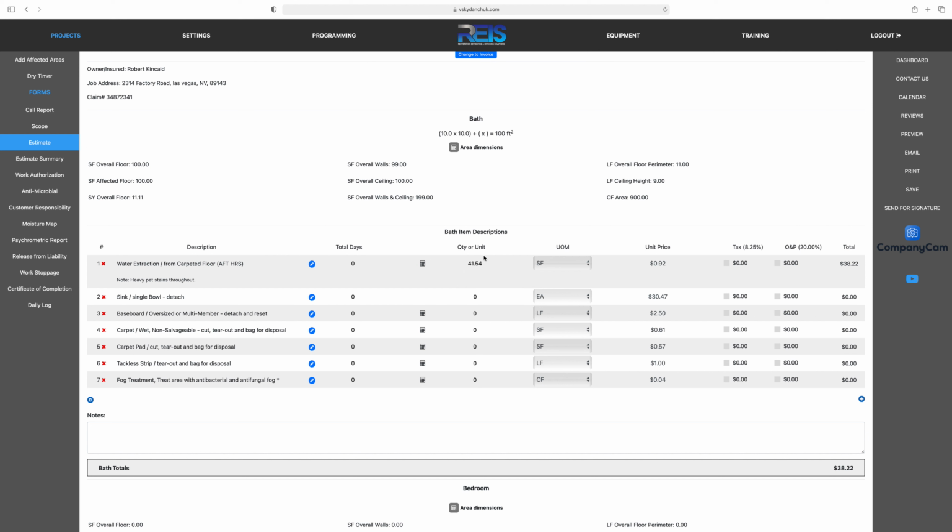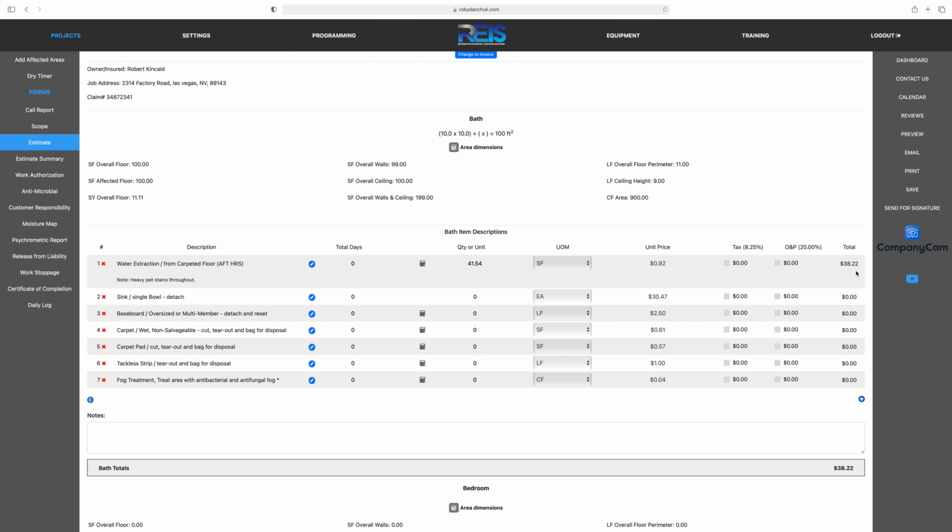In this case, it was quantity. Units would mean machines, like 3 air movers or whatever type of machine you're using in your industry. But in this case, quantity. So the 41.54 square foot times 0.92, and then you got your total.